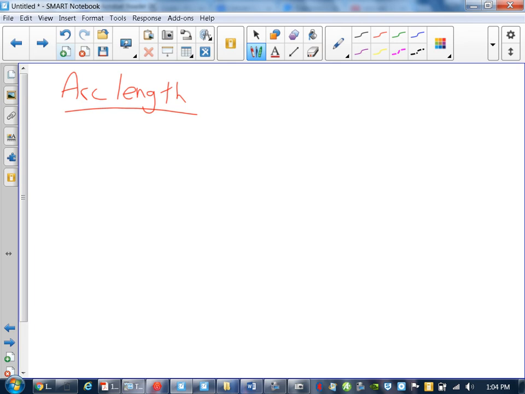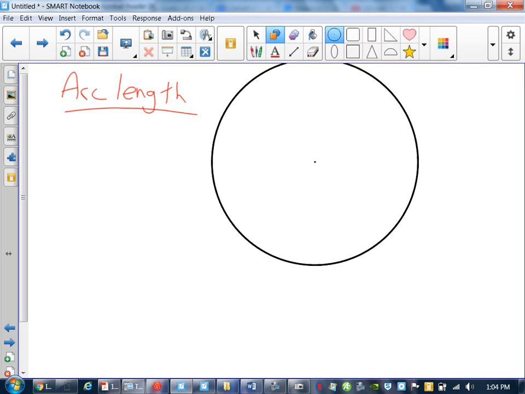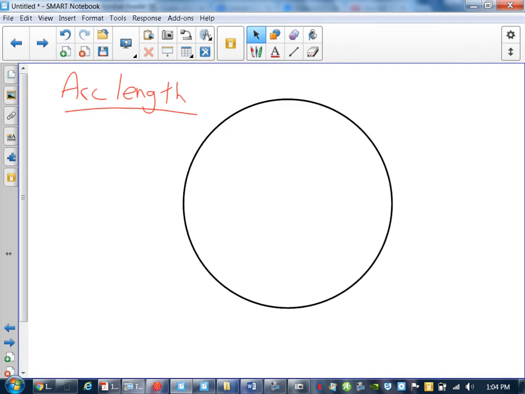So, arc length is the part of the perimeter. It's part of the perimeter. It's the distance that you walk on a curve. When you walk on a curve, it's longer than walking in a straight line.